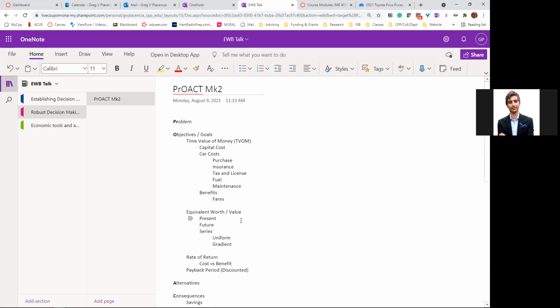So what we can do is we can say the following. We have something called a present worth. The first part is the car cost. Now we also know that we can offset that with the benefits. So we have any benefits minus the car cost, and we're going to call it incidental costs.